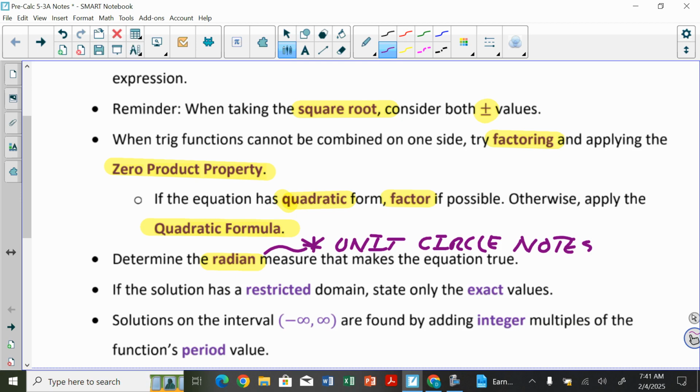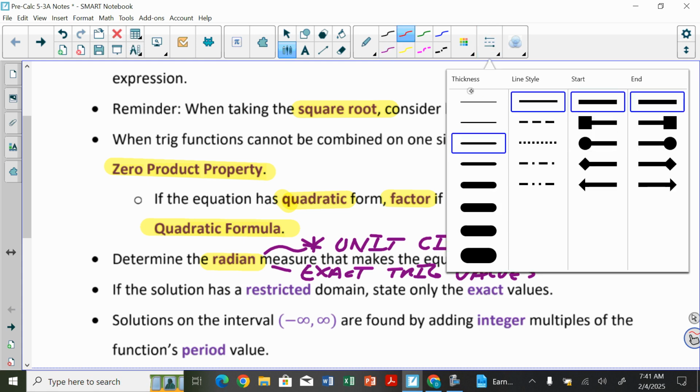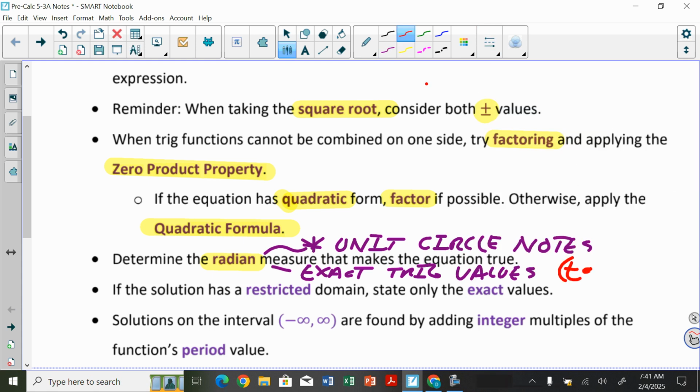Or another thing would be your exact trig values notes, because of tangent especially. It helps to have your exact value notes rather than the unit circle. You can do it from the unit circle, but remember you have to divide y by x. And then if you have a restricted domain, obviously state only the exact values.